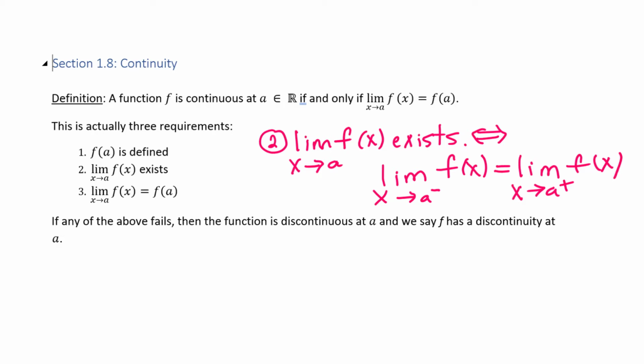That is, the limit exists only when the left hand and the right hand limits are equal. And we follow by saying if any of the above fails, the function is discontinuous at a, and we say f has a discontinuity at a.